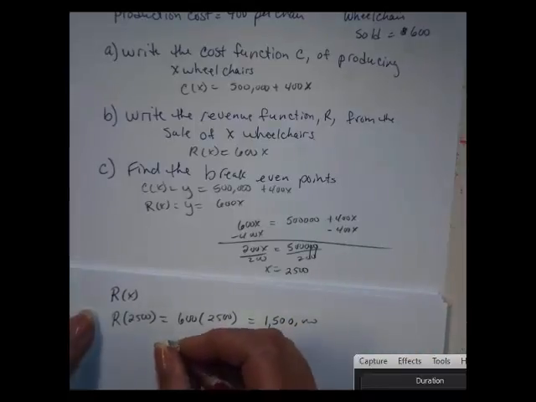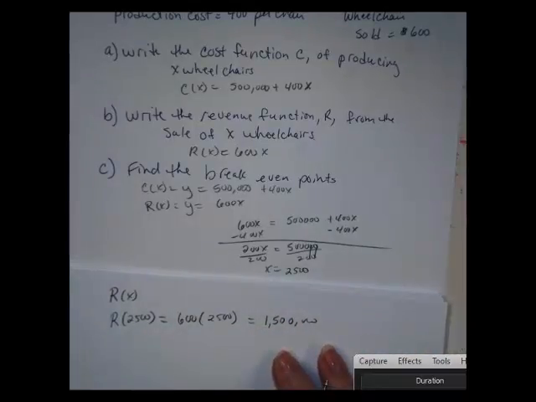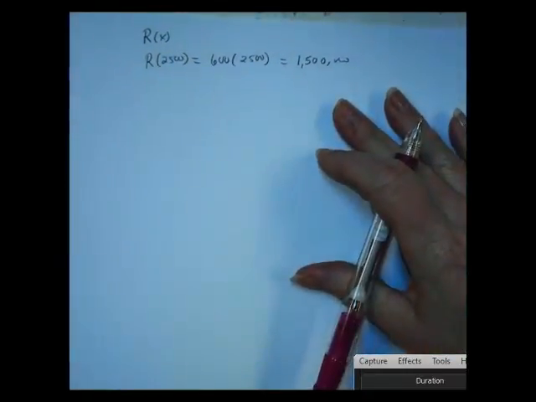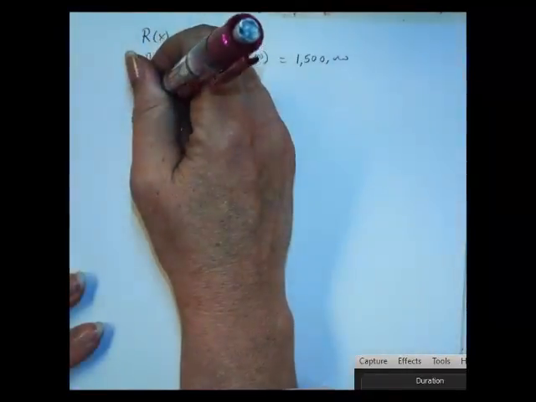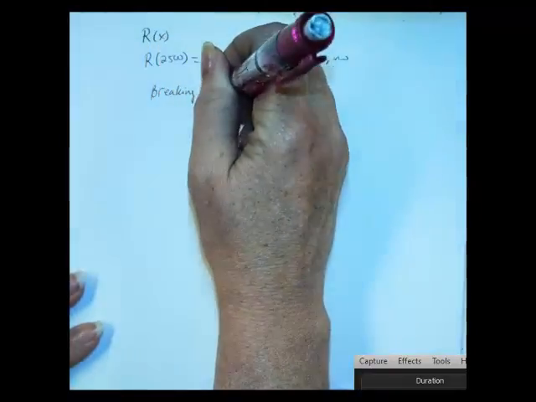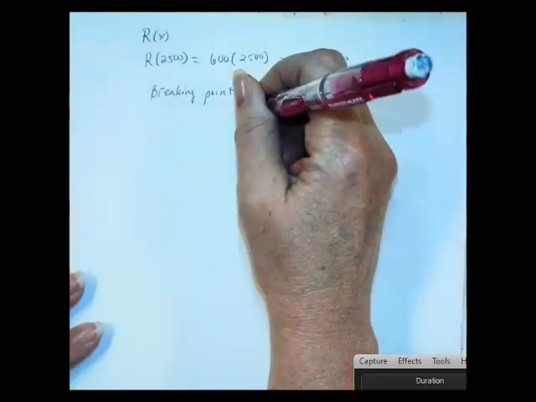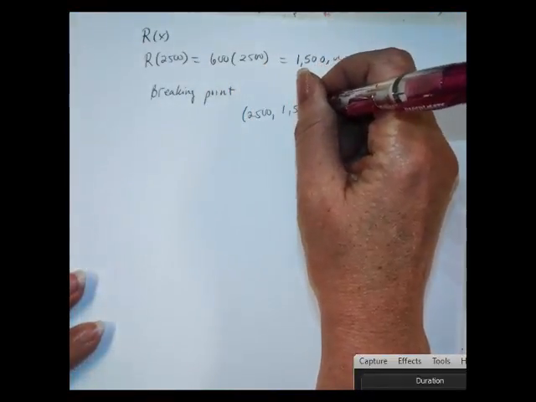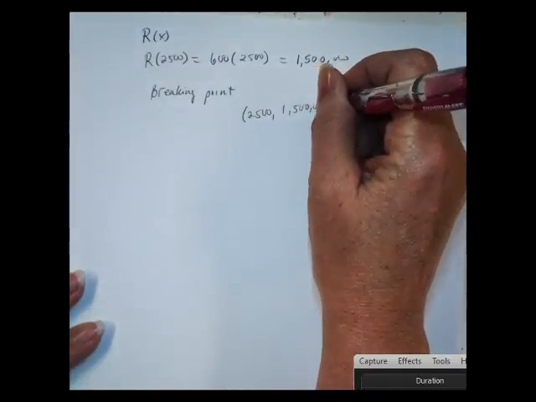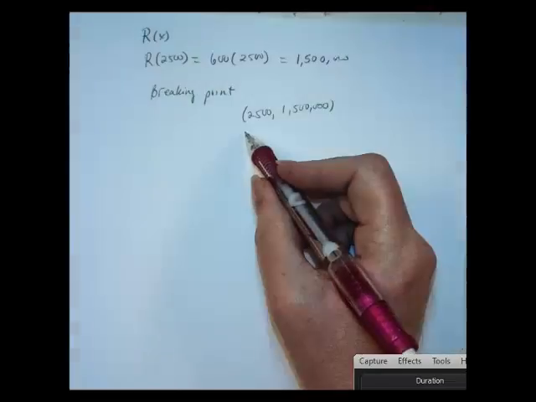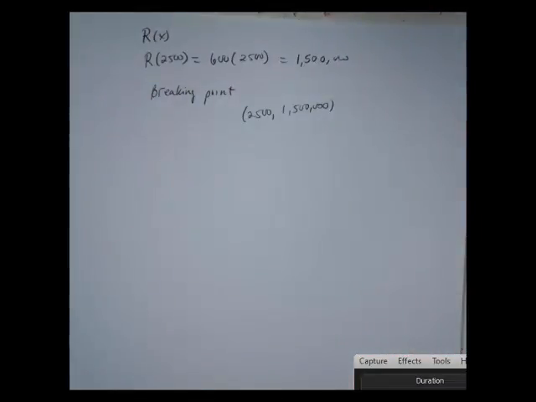So our break-even point will be (2,500, 1,500,000). Okay, so this means that the money coming in will equal the money going out.